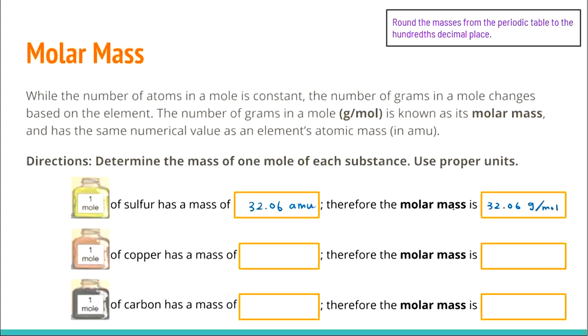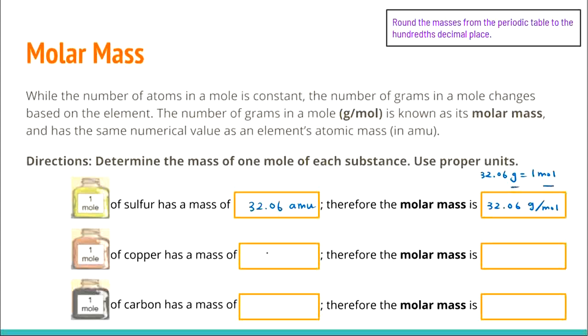So the molar mass is the mass of the substance that is equal to 1 mole of that substance. So when we write grams per mole, this is actually saying that there are 32.06 grams that's equal to 1 mole of sulfur. Okay, so grams per mole.